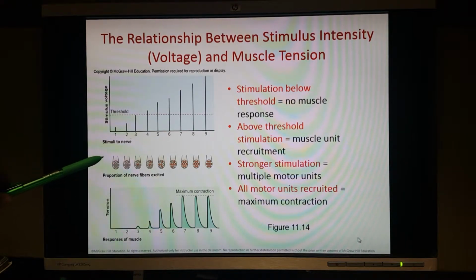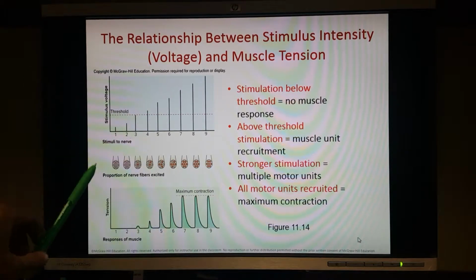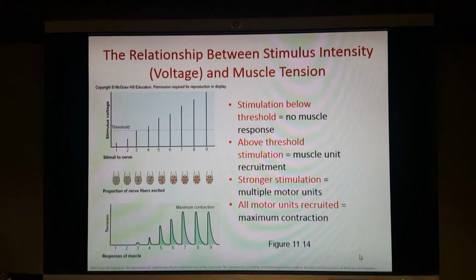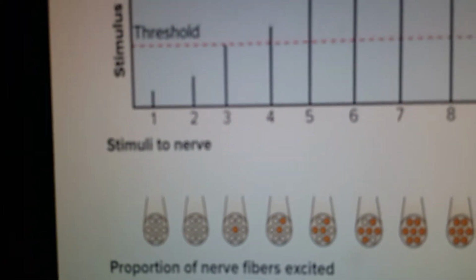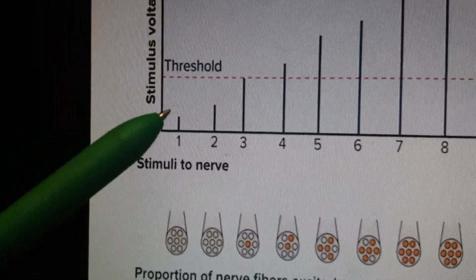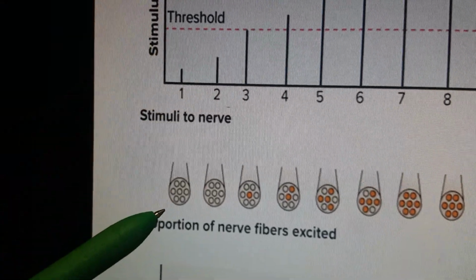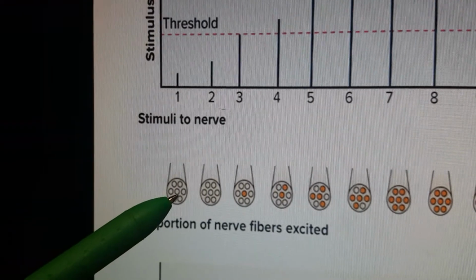The first two are below threshold, or sub-threshold, so they're not actually able to recruit muscle units. So let's zoom this in. Both of these sub-threshold stimuli are too low to recruit muscle fiber units, so therefore you're not going to have a contraction.